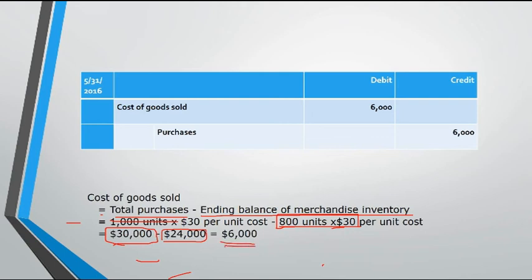So 6,000 lang since dalawang transaction lang yung pinresent ko sa inyo. Pero kapag dumami yan, ito yung process na pwede niyong gawin. You always need to have the total purchases minus ending balance of merchandise inventory para makuha natin kung magkano ang debit amount at ang credit amount na meron tayo.